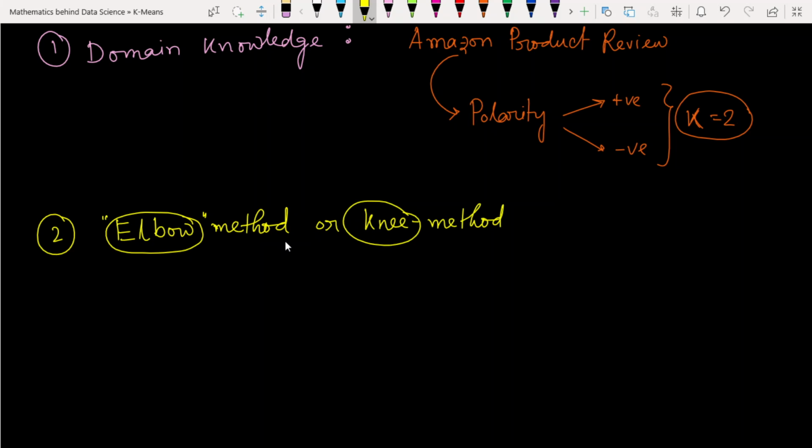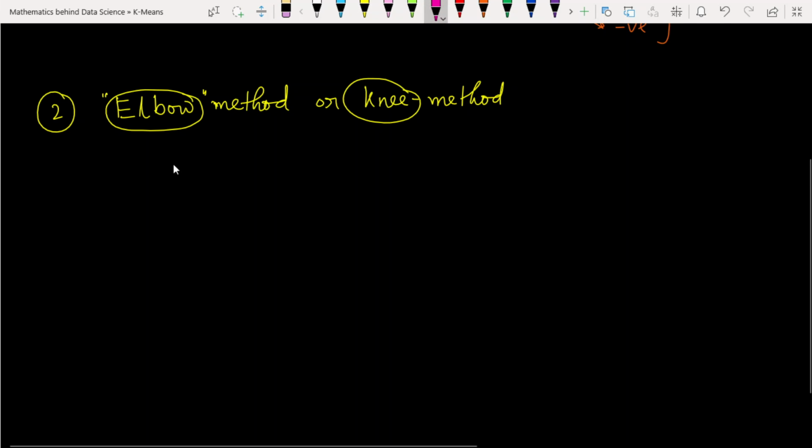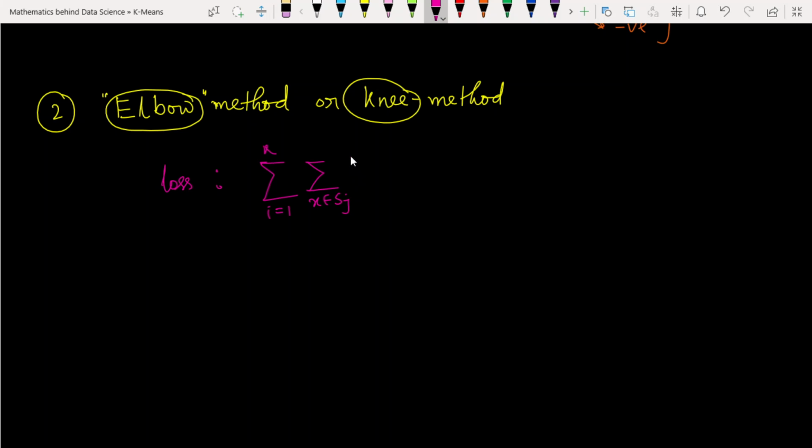If you remember the loss function that we have used here, the first summation is over the number of clusters, and the second summation is over the number of points in a single cluster. And this is the distance. Suppose we take the centroid as the medoid, a concept we have learned recently. Here the medoid is m_i for cluster S_i.